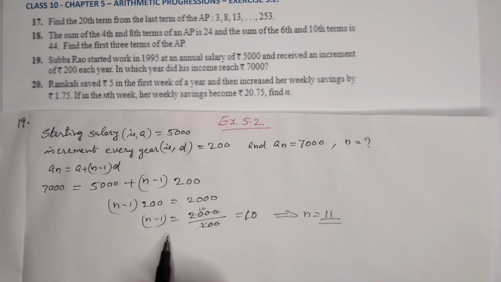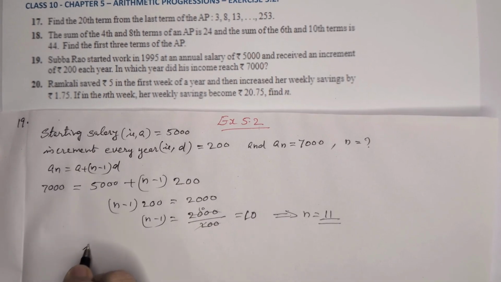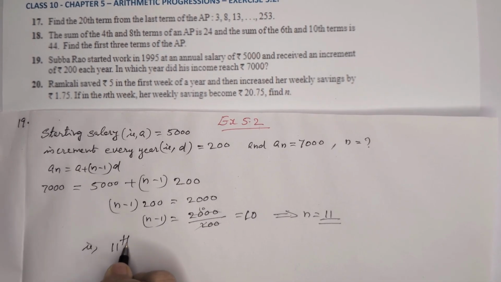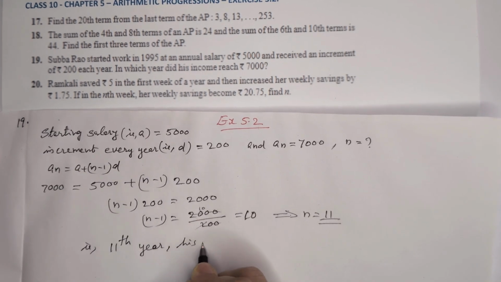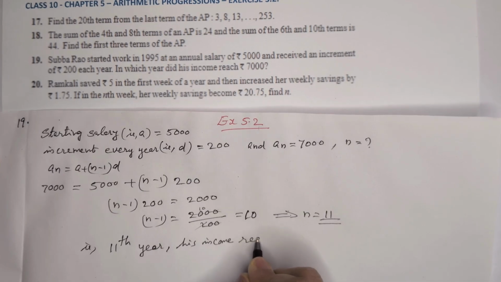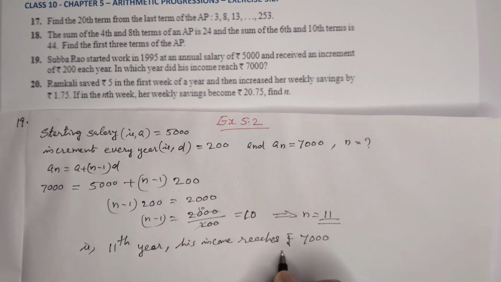So we can write that in the 11th year his income or salary reaches rupees 7,000.